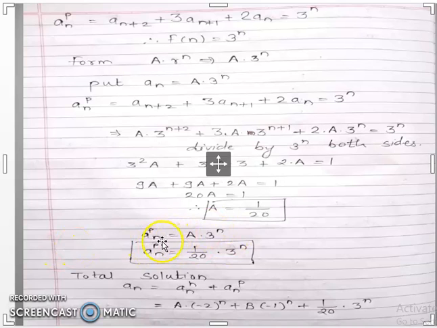Therefore, we use this formula: the particular solution of the given recurrence relation is equal to a into 3 raised to power n.